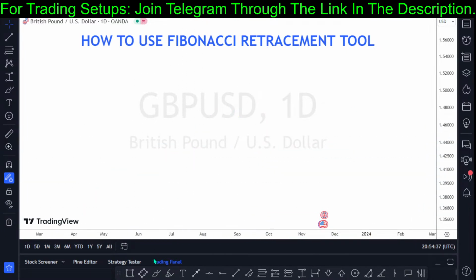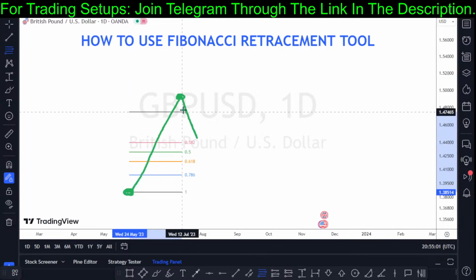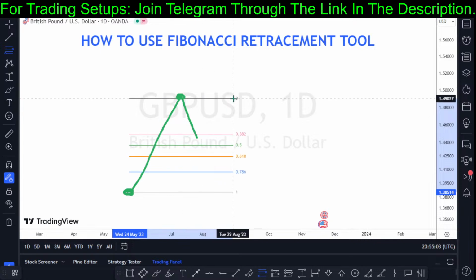When I say swings in the market, in an uptrend, you have swings starting from a low and then it rallies to a certain high. So when price starts falling back, this is when you apply your Fibonacci retracement tool. You apply it from the swing low to the swing high. You can see that?